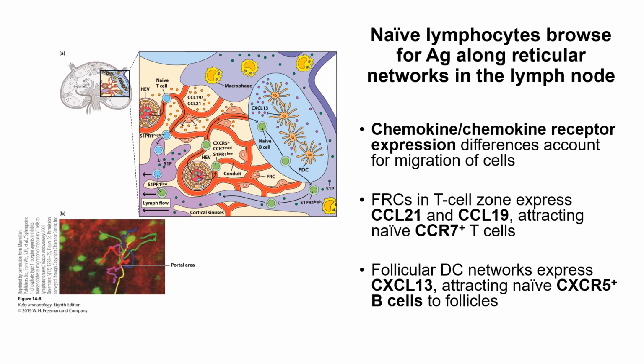The receptors for those chemokines are CCR7, CC receptor 7, on your T cells, and CXCR5, CXC receptor number 5, on your B cells. This is what allows those cells to sense and respond to those chemokine cues and migrate into the correct location for those particular cells and sub-regions of the lymph node.